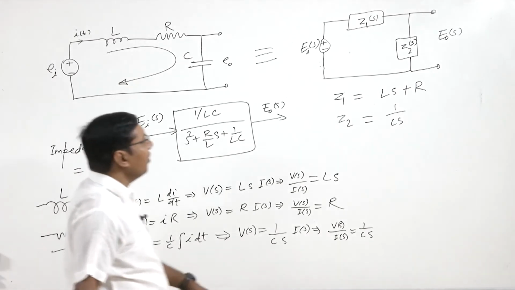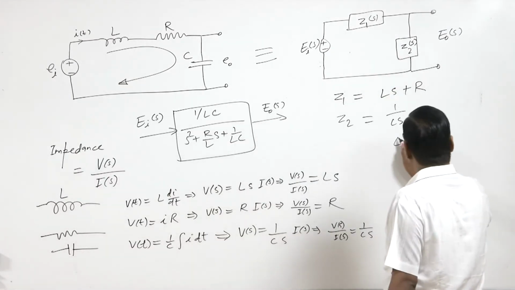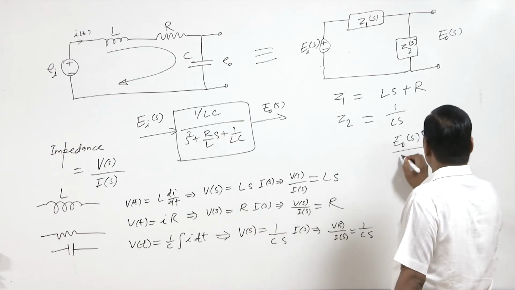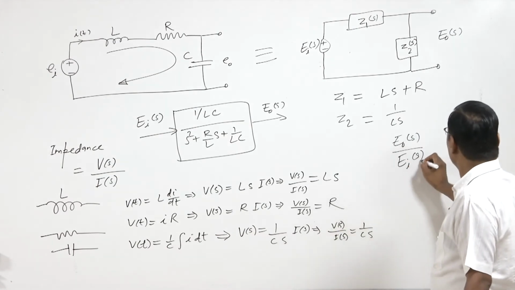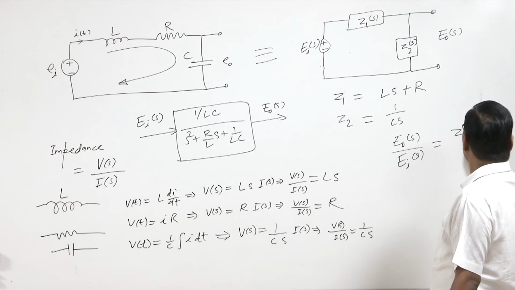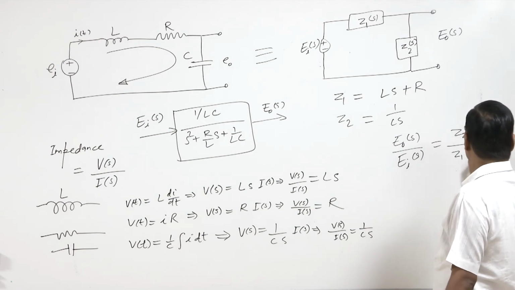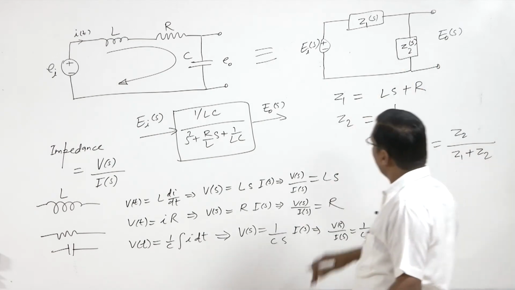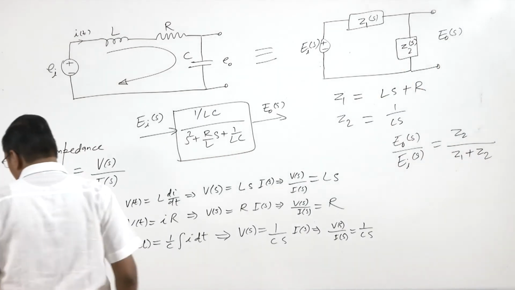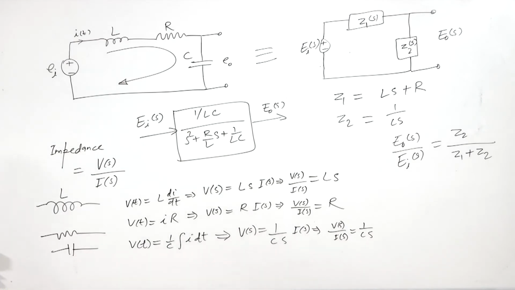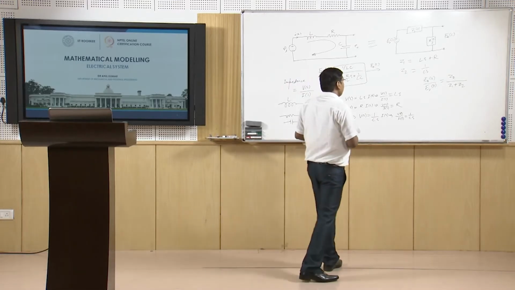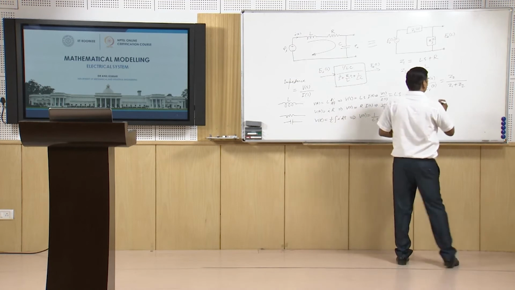So here we can find EOS by EIS equal to Z2 upon Z1 plus Z2.